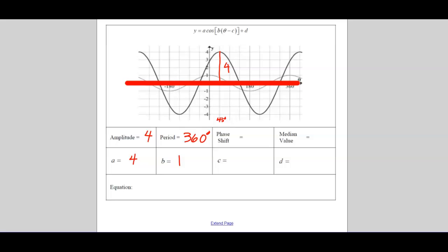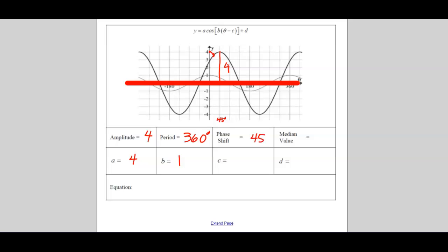Phase shift. So remember, your cosine starts at the top there. Now, if I do the stretches and the vertical stuff, it would be here going down. On this transformed graph, it's over here. So what is that? That's 1 grid unit to the right. What did I say each grid unit was worth? 45.